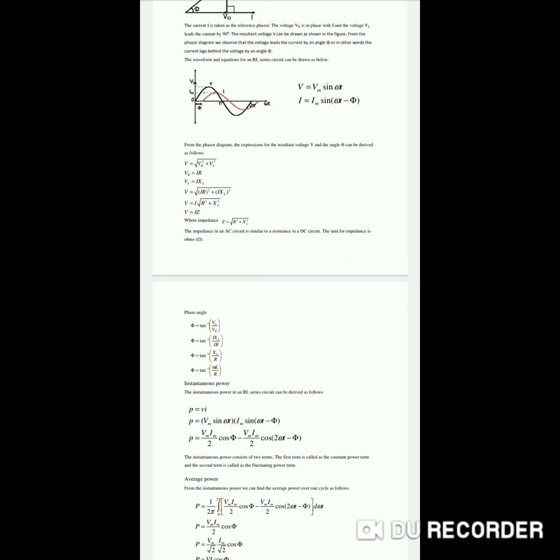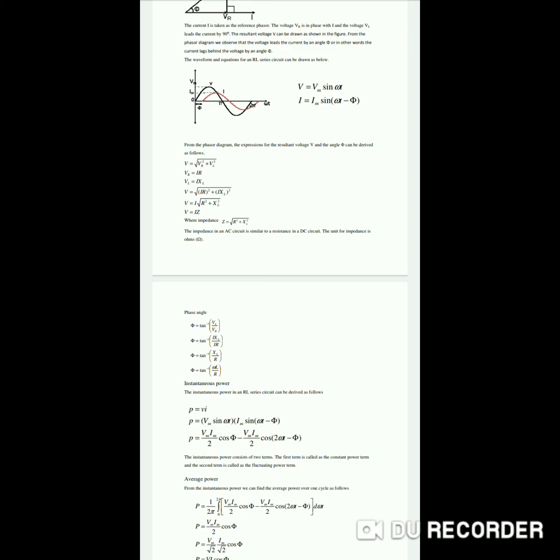The current is common, so we take it outside. V = I times square root of R squared plus XL squared. This square root of R squared plus XL squared is the impedance, so V = I Z, where Z = square root of R squared plus XL squared.